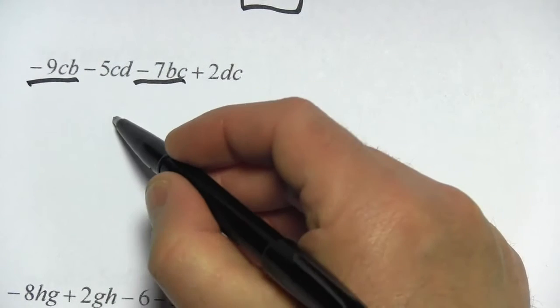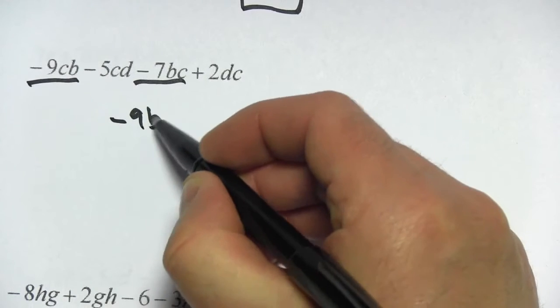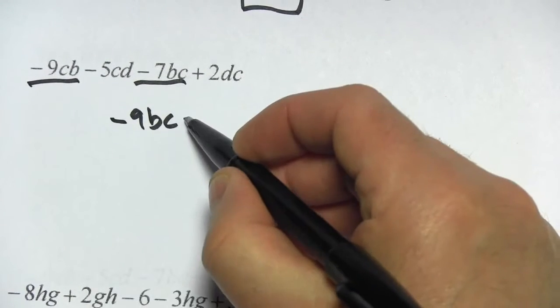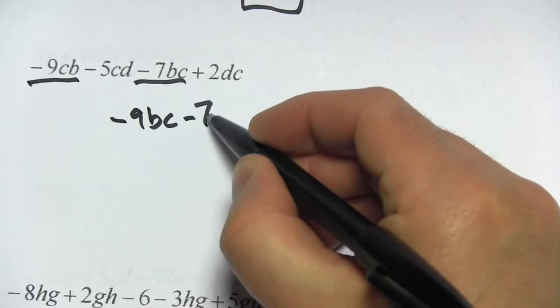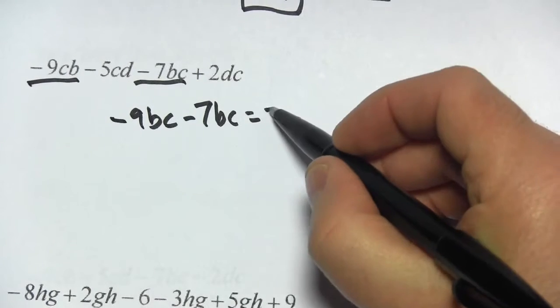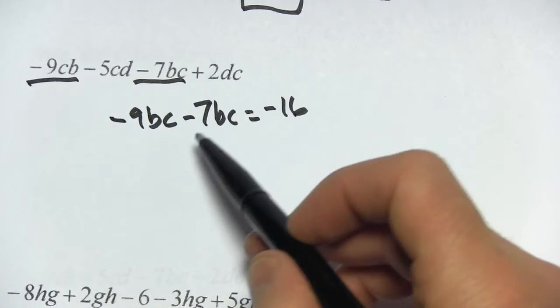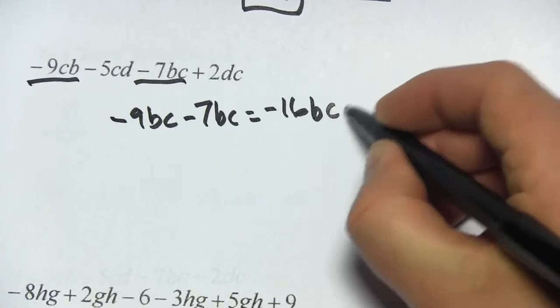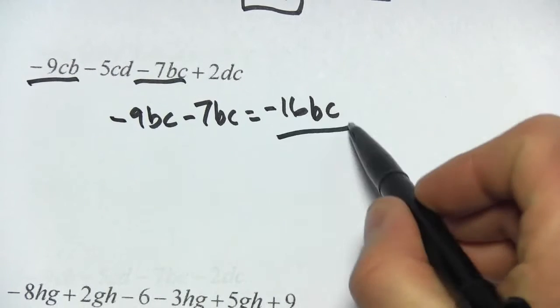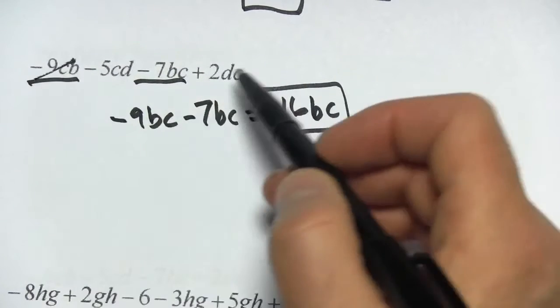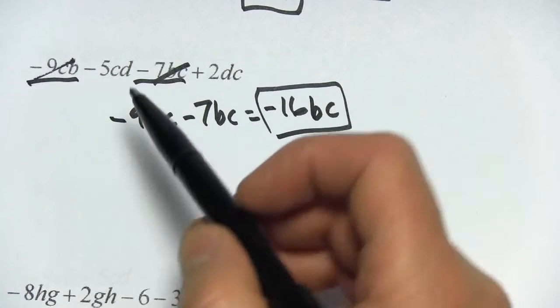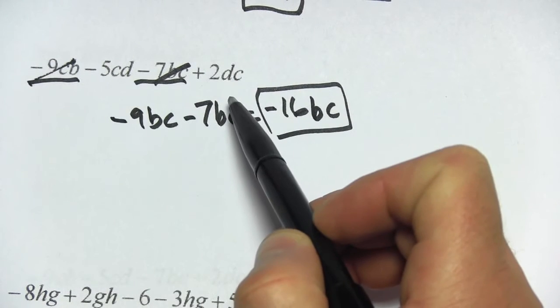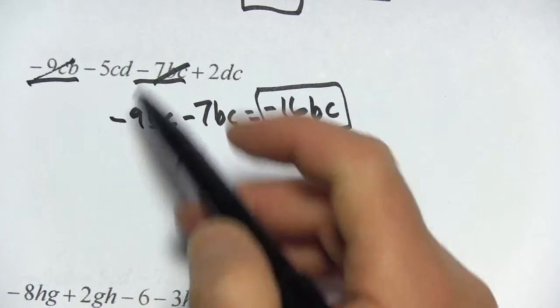So let's put this together. We have negative 9, well, let's rewrite that as bc, that's that one, minus 7bc. That's going to be a negative 16, so negative 9 minus 7, negative 16bc. So that's one chunk of our answer. Let's go ahead and cross those out. And then what's left is a cd term and a dc term. They're like terms as well.